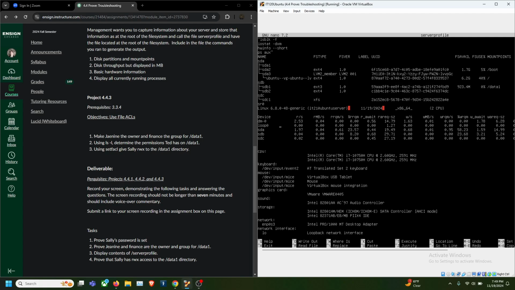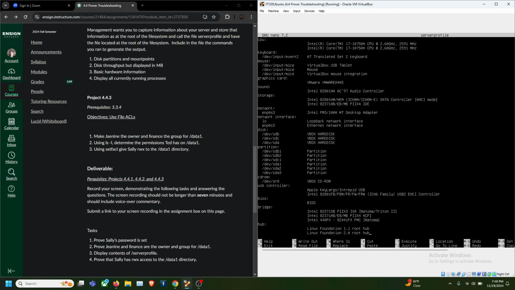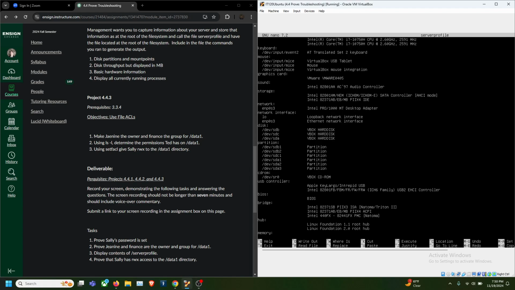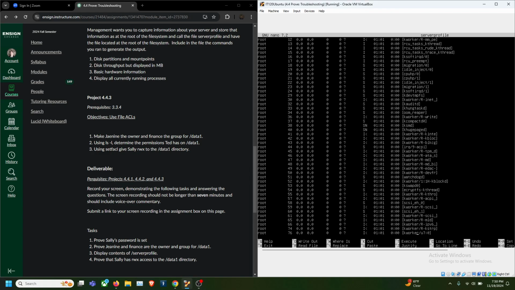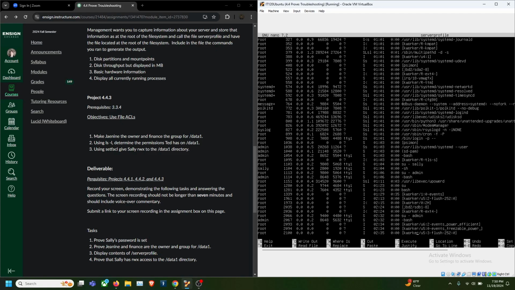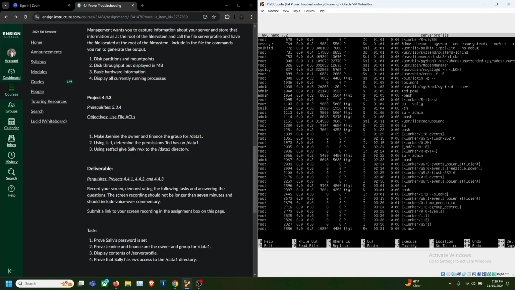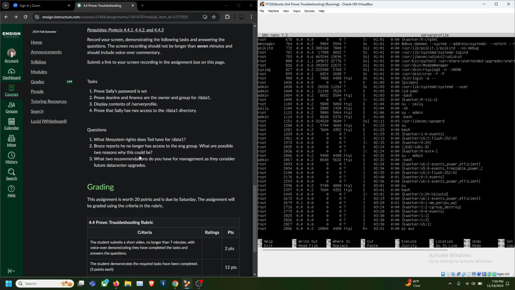We have the disk throughput as well. I believe this is what this is. Then the basic hardware information is below there. And finally, with the ps command, we get all the currently running processes, which is quite extensive. That's the majority of the list. So that is the contents of server profile.